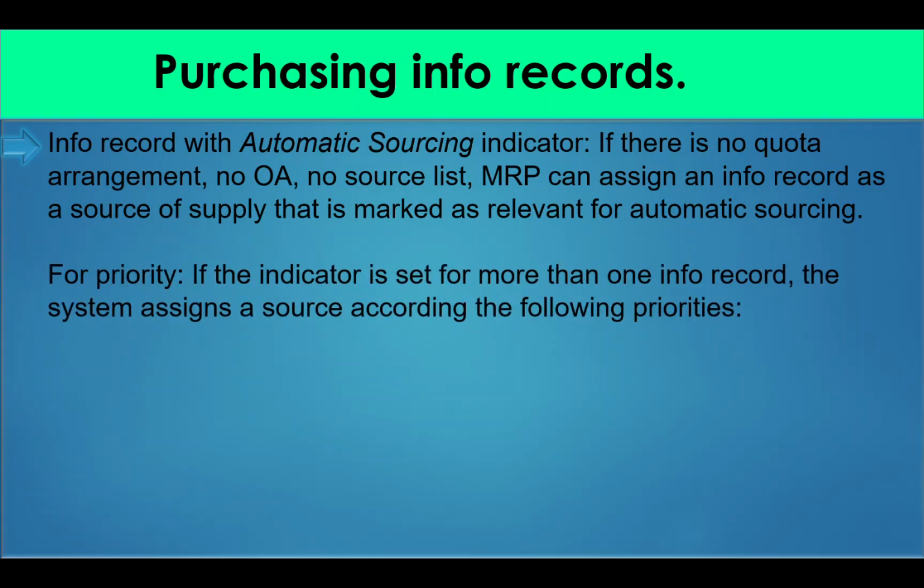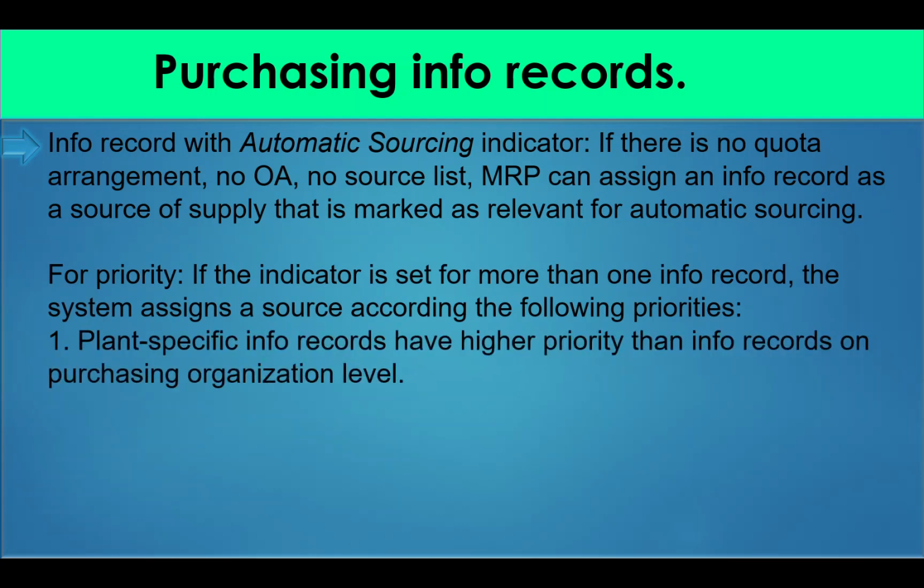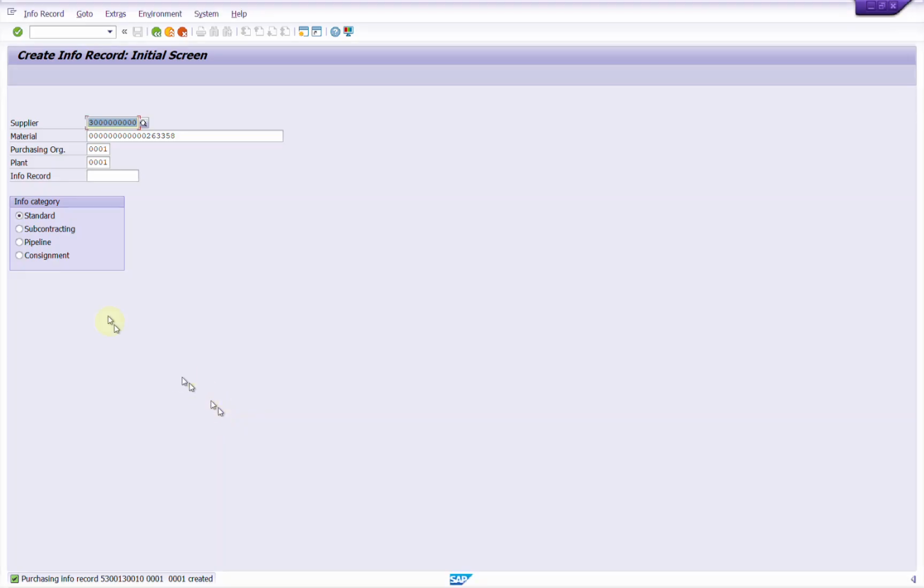What if more than one info record is maintained, and how will the system assign the source of supply? A plant-specific info record gets a higher priority than records at purchasing organization level. So if we have an info record that has no plant, only a purchasing organization, then the plant-specific info record gets higher priority.